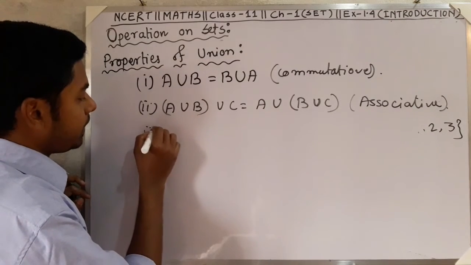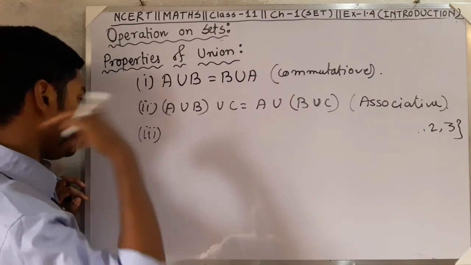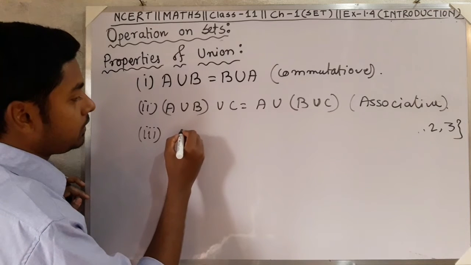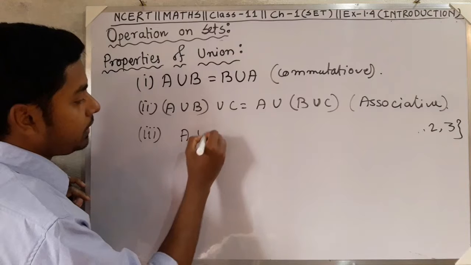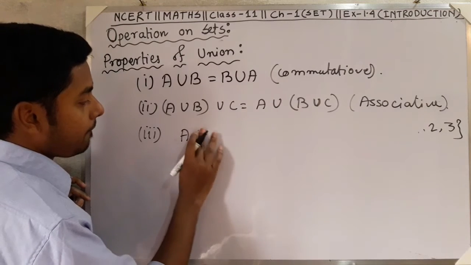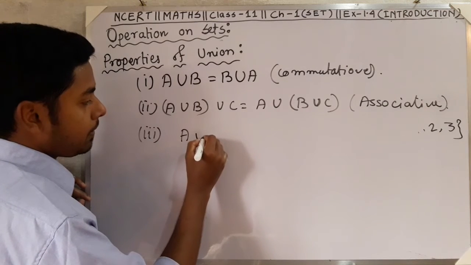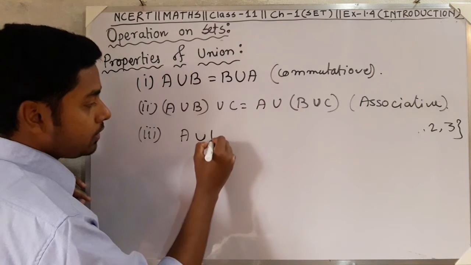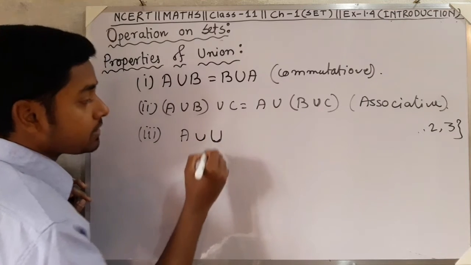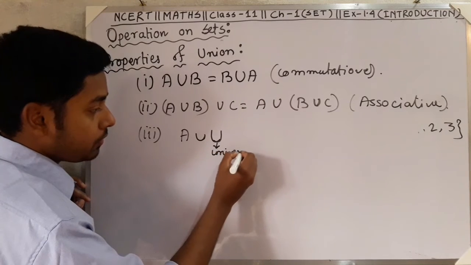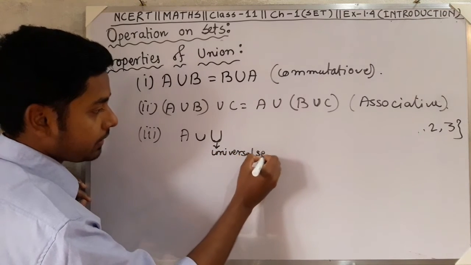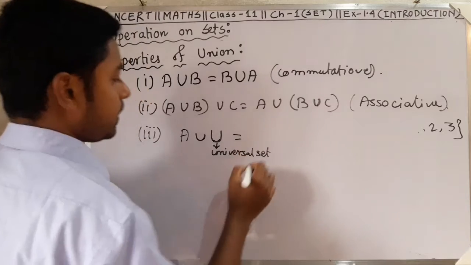Then third property is A union U. That means universal set. Here it is universal set. Okay, is equals to what?